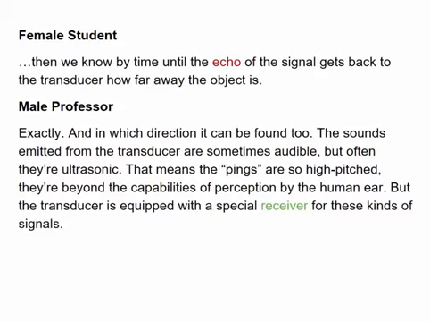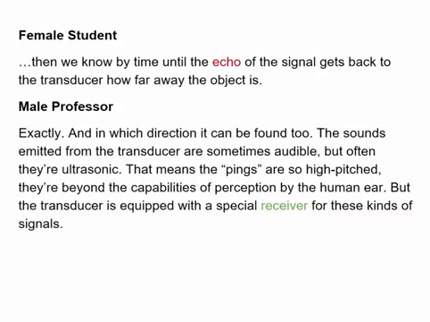Our answer for number 2 then comes all the way at the end of what the male professor responds with. He says, all the way at the bottom of the sentence, but the transducer is equipped with a special receiver for these kinds of signals. Okay, to be equipped means that it is something that is part of or belongs on the transducer.